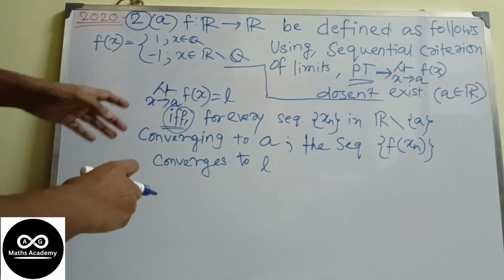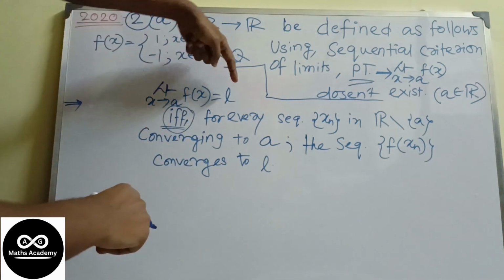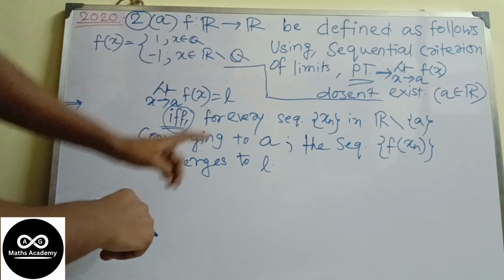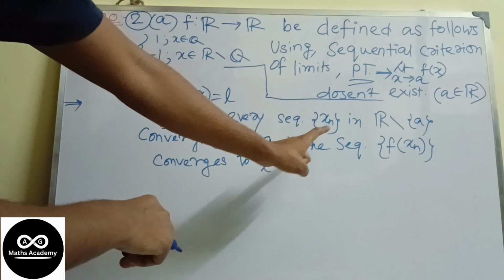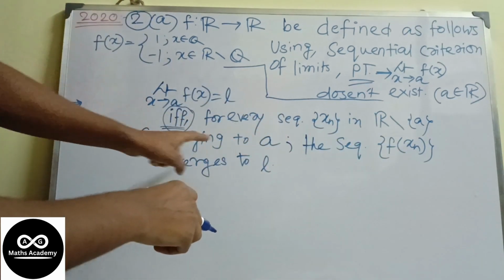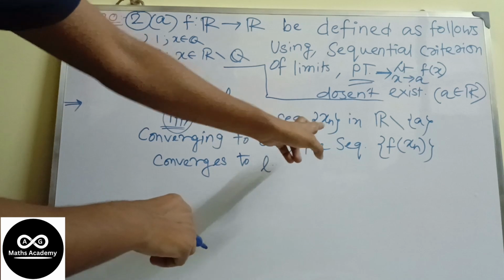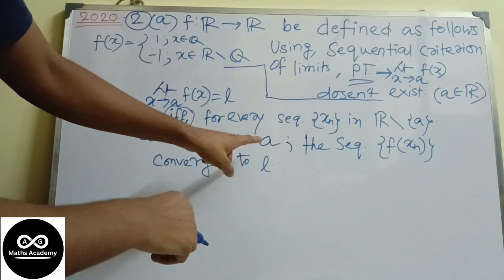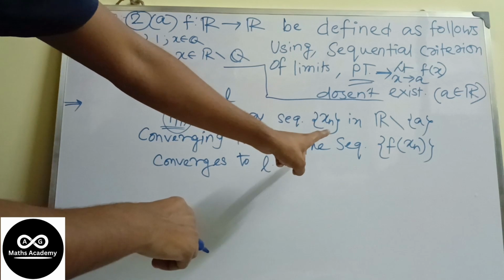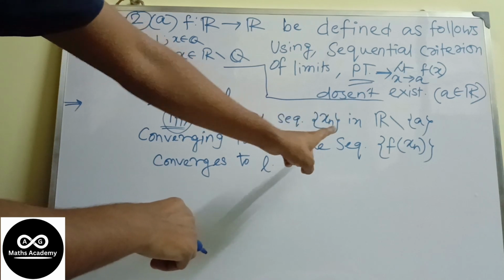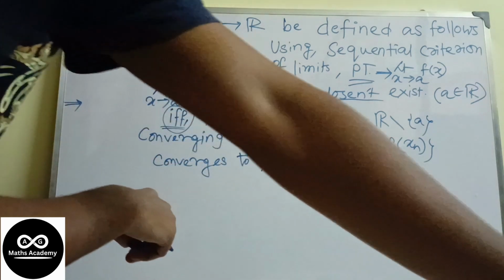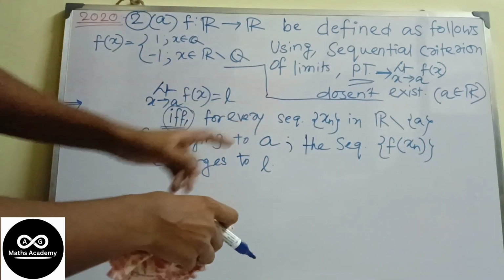So if this limit is equal to L, then for every sequence xn in R minus A converging to this point A, the sequence f of xn must converge to L.